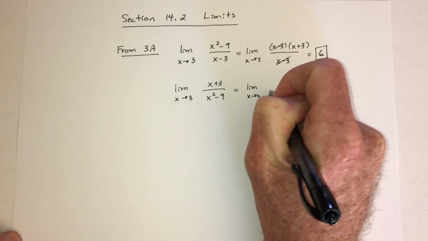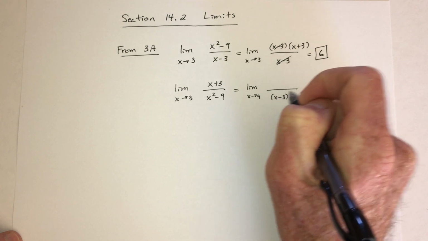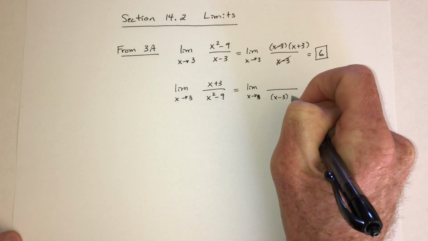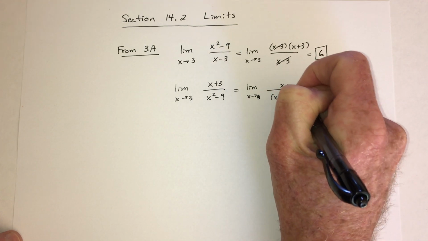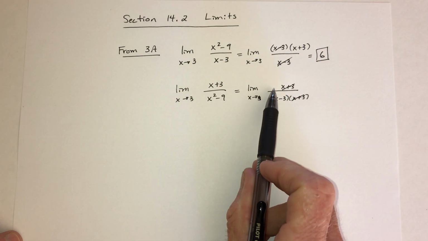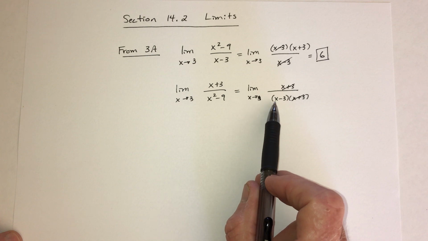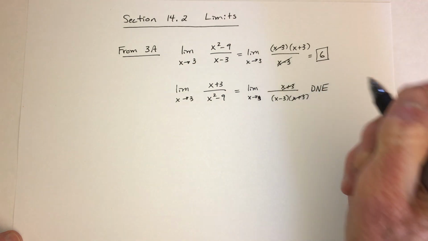So when you factor the denominator, x minus 3, why did I put a 9? x plus 3. So this time the x plus 3's are going to cancel. And then it's going to leave 1 over 0, which is undefined. So this one does not exist.